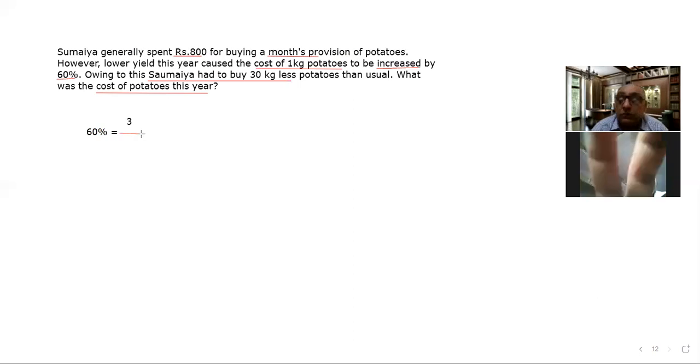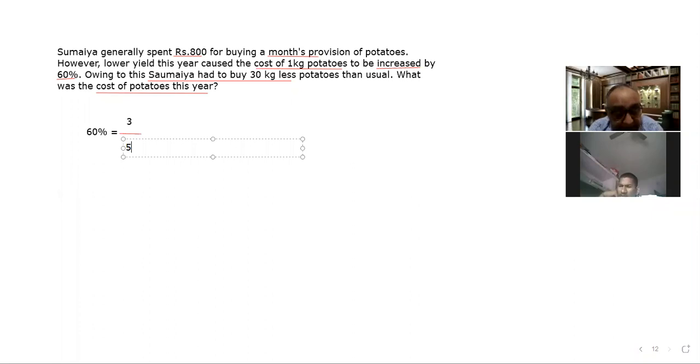I'm telling you in a very easy way: if there is an increase of 3 upon 5, then the decrease would be 3 upon 8.